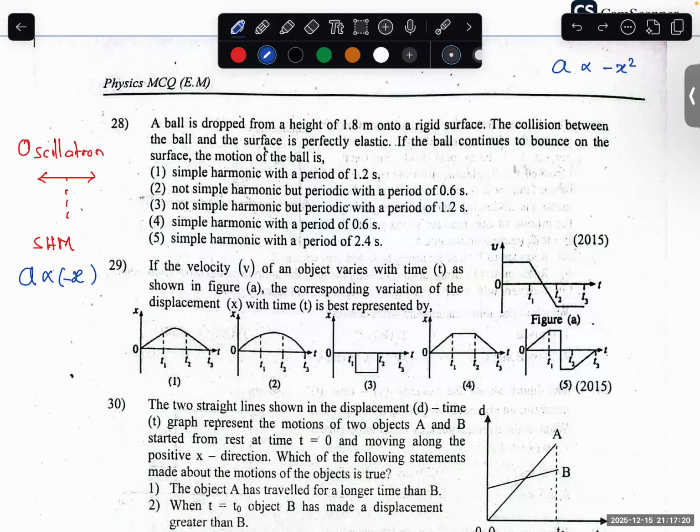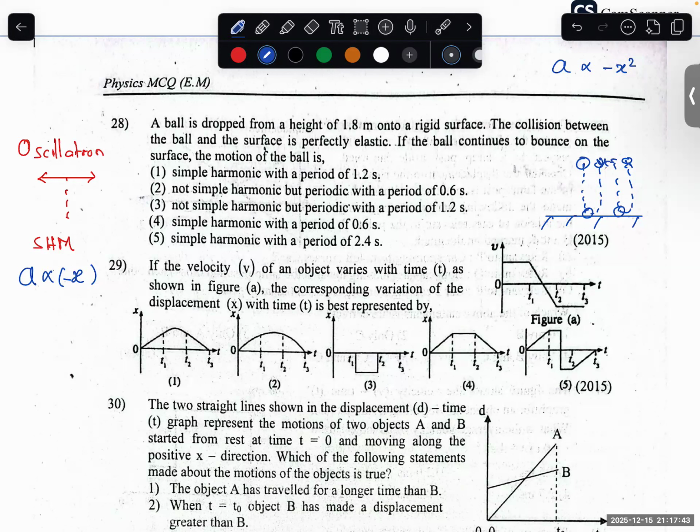So what you see in a perfectly elastic collision that is recurring is not simple harmonic motion. u is 0, it comes down, hits the ground, and goes up. Does it have an equilibrium point? No. At an equilibrium point, the resultant force should be 0.